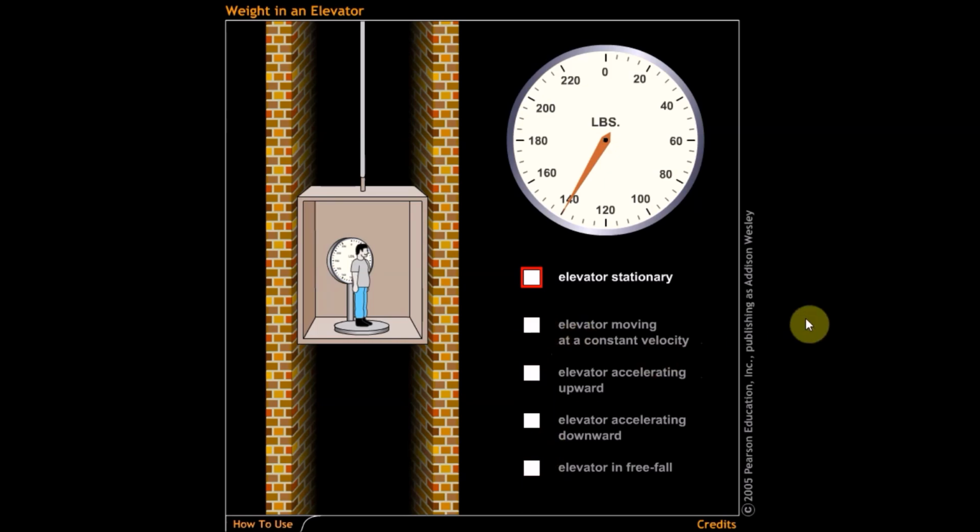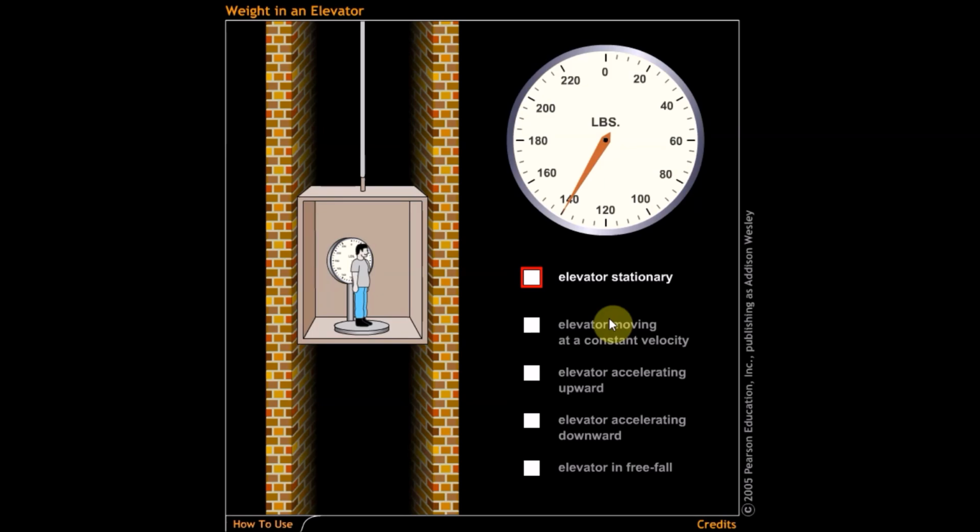First of all, what should happen as the elevator moves at a constant velocity? Well, as the elevator moves at a constant velocity, the answer is it'll be the same case as a stationary reading. So his reading in the stationary elevator is 140 pounds.